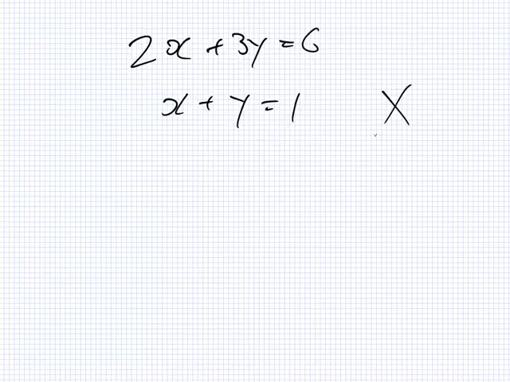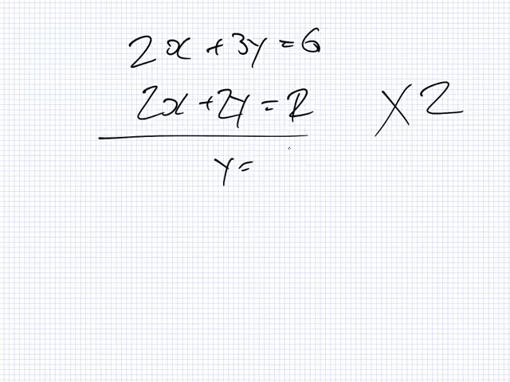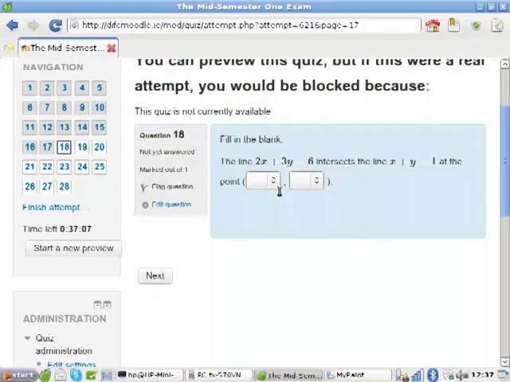What should I multiply this by? 2. So we get 2x plus 2y equals 2. Subtract, we get y equals 4, which means, remember we have x plus y equals 1. So then what does x equal? 1 minus 4, minus 3. So minus 3 and 4 is the answer. Yep.